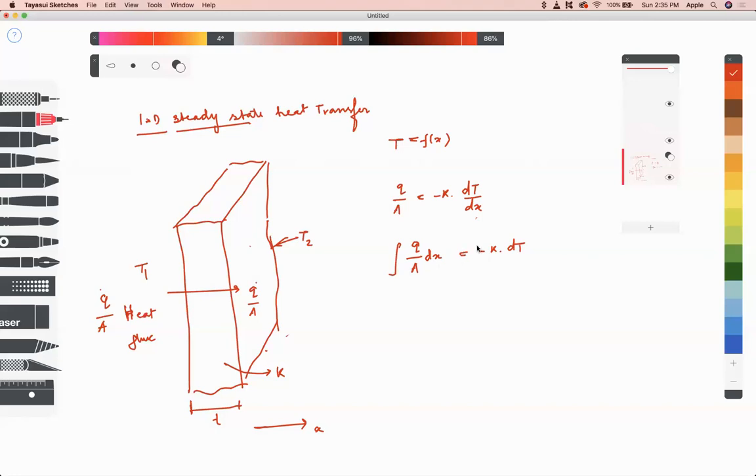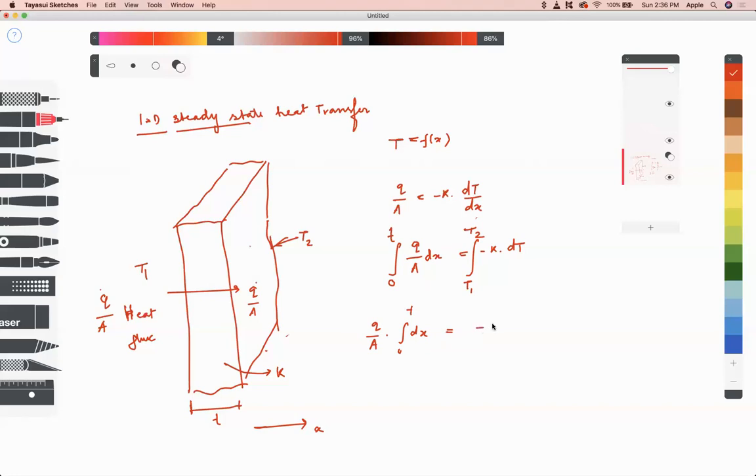Let us integrate. So x changes from 0 to t, and here the temperature initially was T1, then it becomes T2, the final temperature. Since flux is constant, the flux will come out of the integration sign, and this will be only integration of dx from 0 to t.